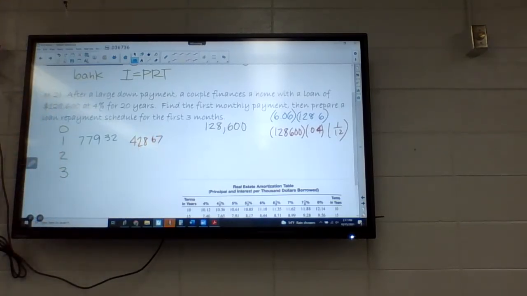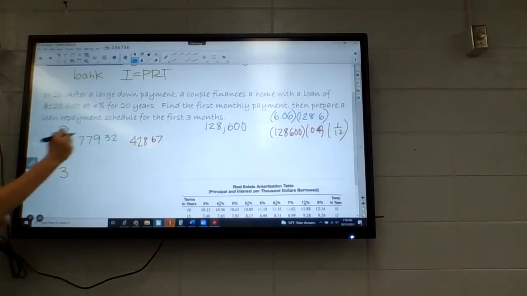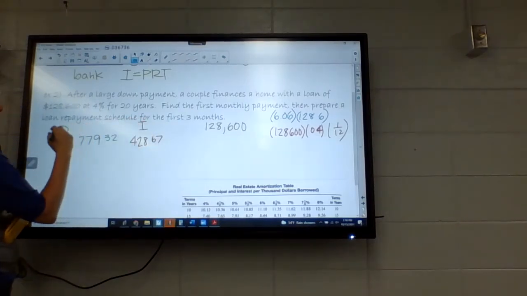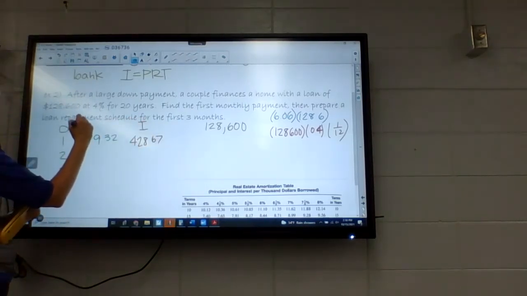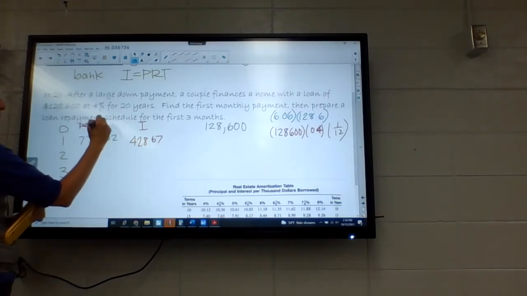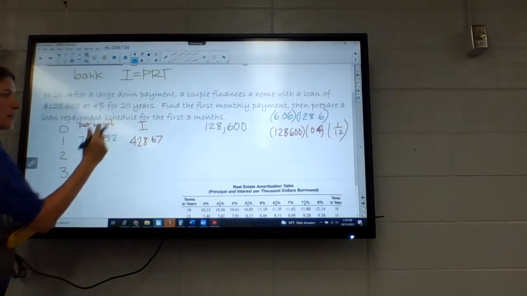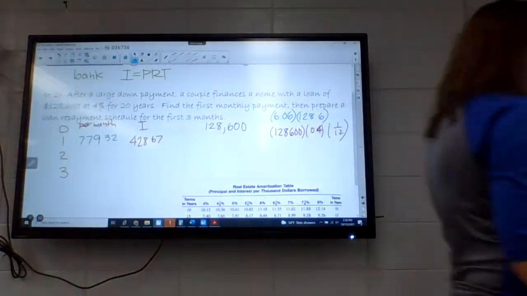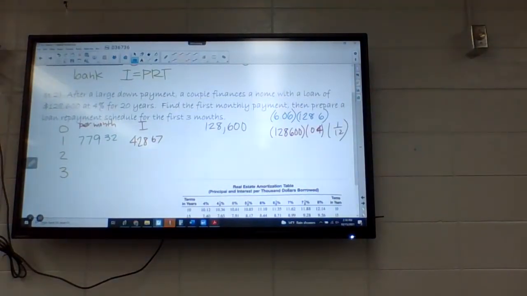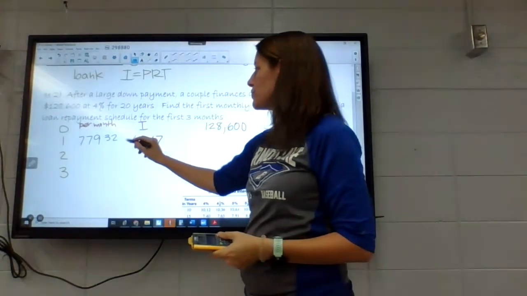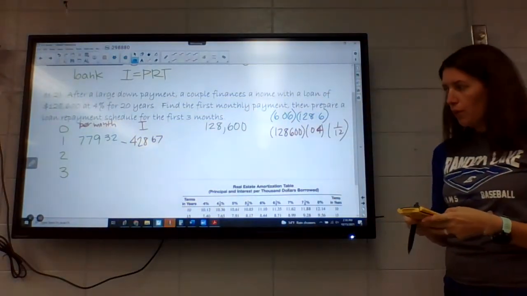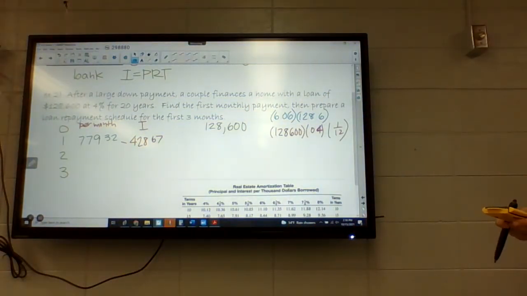So this is how much interest we're paying. So this is the interest. This is the amount per month. So if you guys look at that, we're actually paying more in interest than we are towards our house. And that's the way it starts at the beginning of a loan. So I'm going to subtract those two, and that's what's actually going towards my loan.